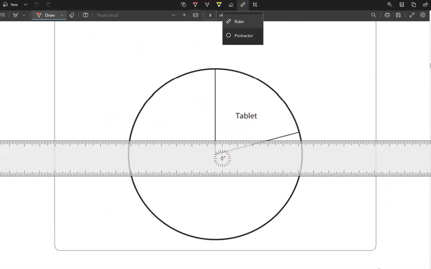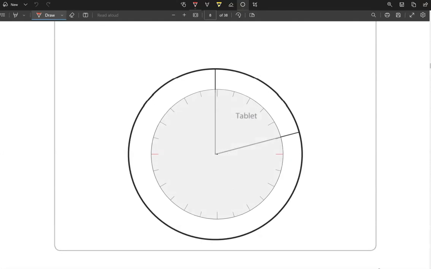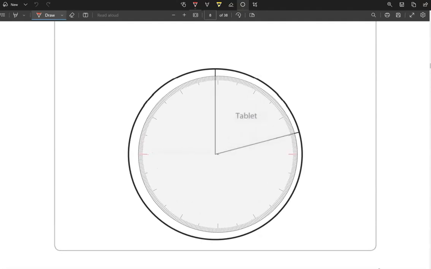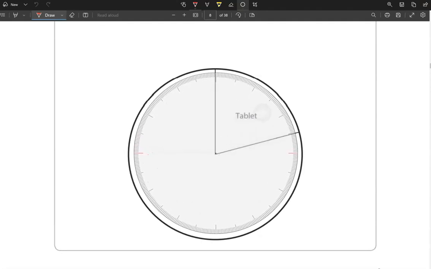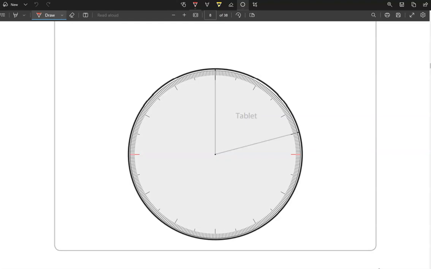So we'll use the protractor. So from the end for the tablet, I'm going to go to 220 degrees for the phone.